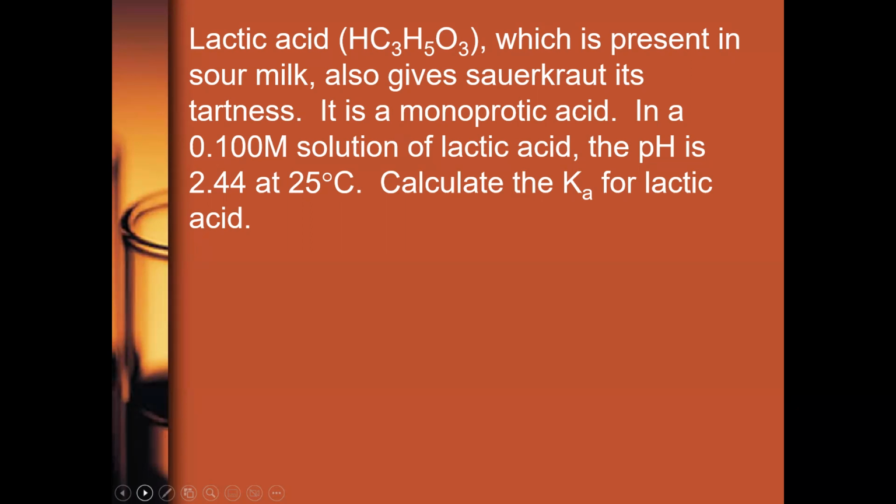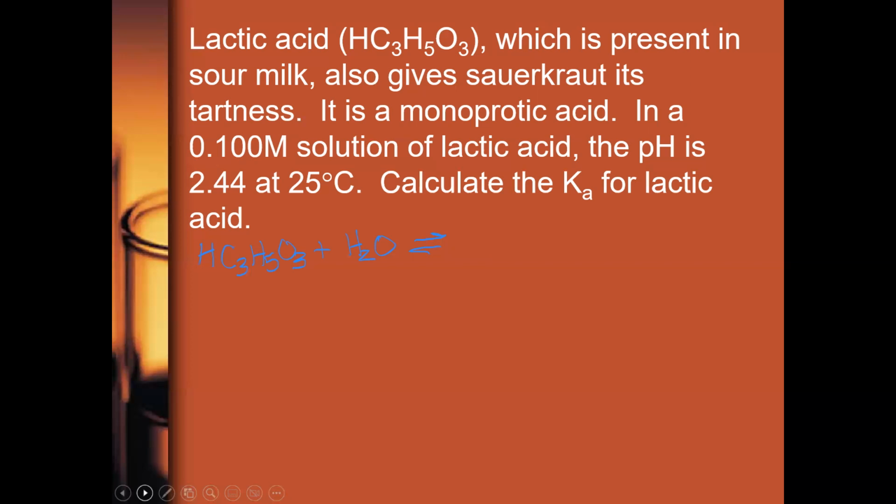It tells us in a 0.1 molar solution of lactic acid, the pH is 2.44 at 25 degrees Celsius. It wants us to calculate Ka for lactic acid. So remember, weak acids are an equilibrium system. So here we have HC3H5O3. Remember, we always put acids in water, so you're always going to have water as one of your reactants.